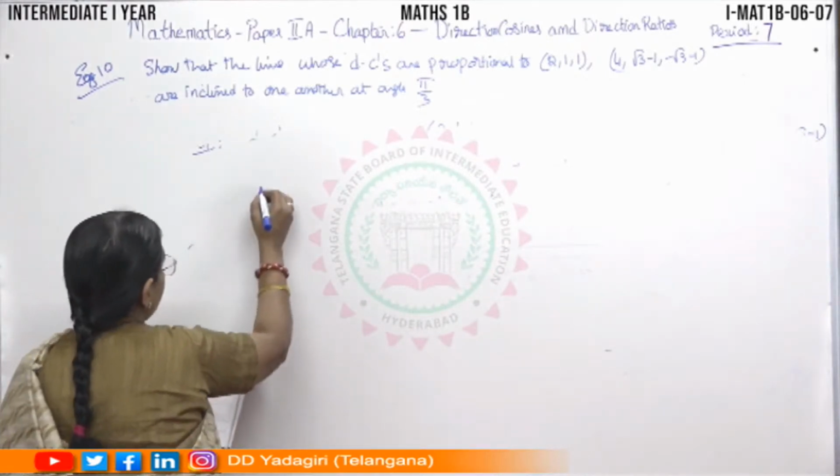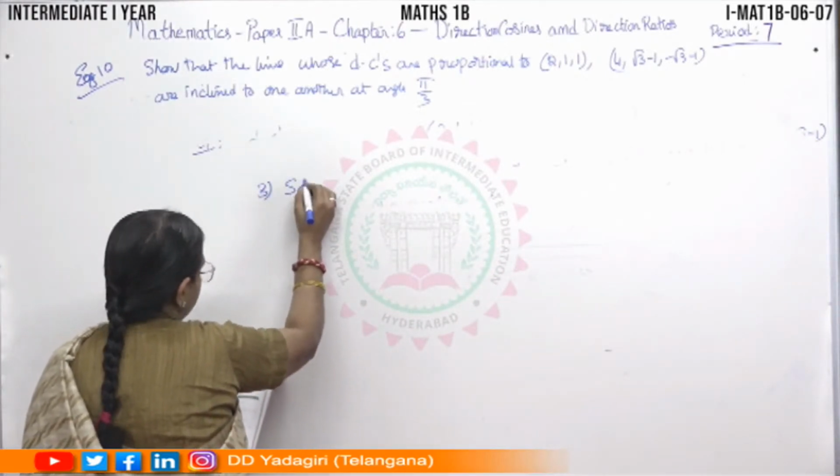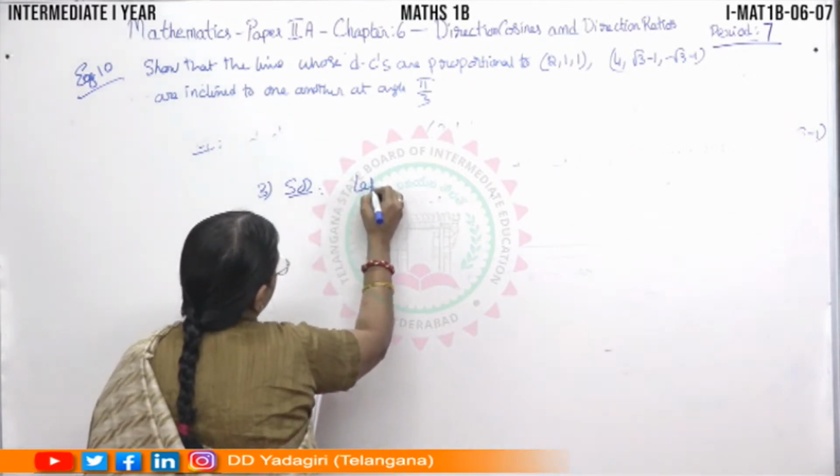So in the third problem, you are given direction cosines.